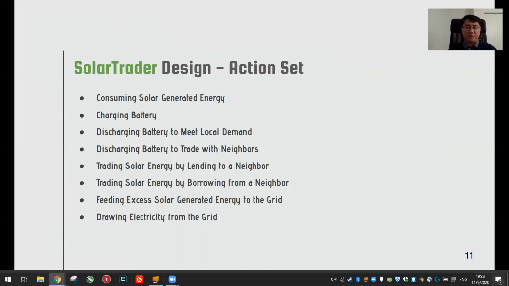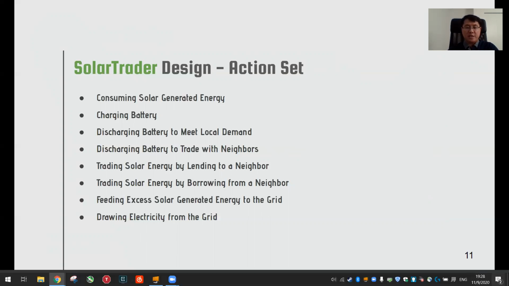With trading, they either borrow from or lend to a neighbor. If they still have extra energy left, they can feed it back to the grid. And of course, if they don't have enough energy, they will draw energy from the grid. Basically, these are the actions that agents can perform in the solar trading system.